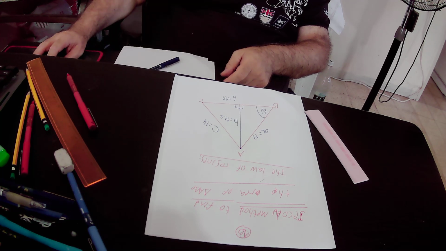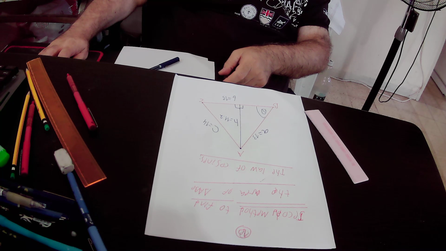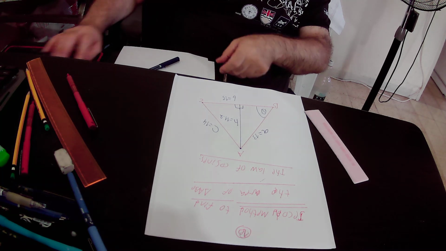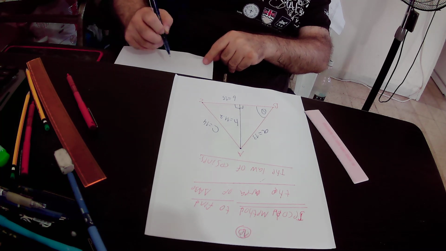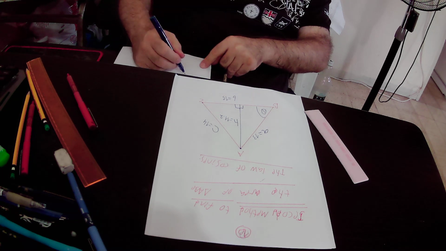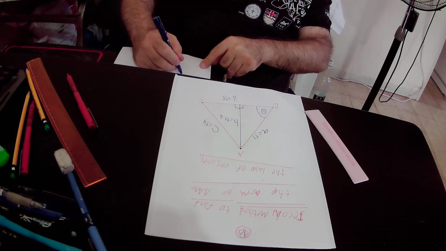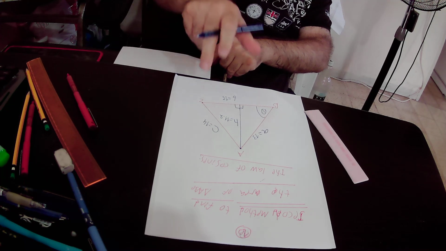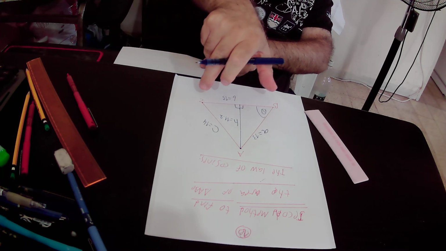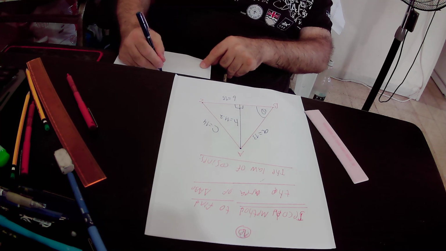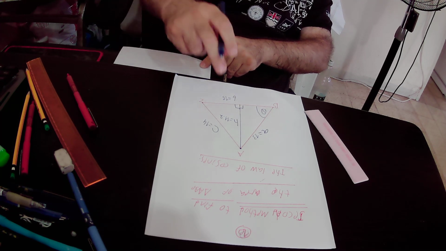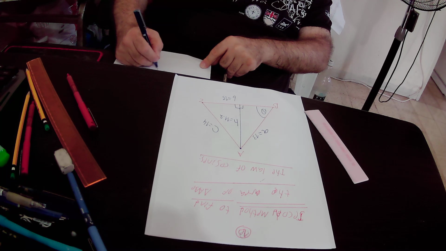So the area of triangle ABC equals the base of the triangle, that is B, times the height, that is h, over 2.